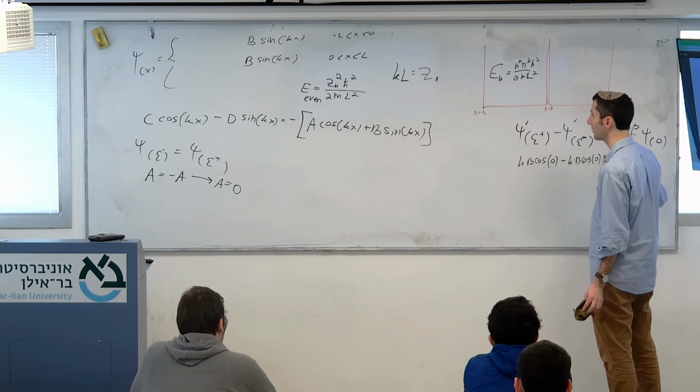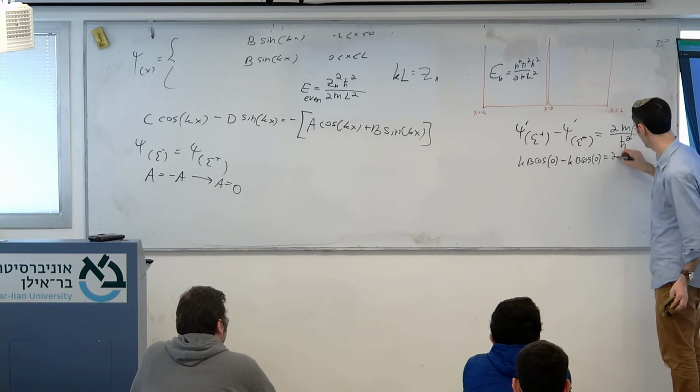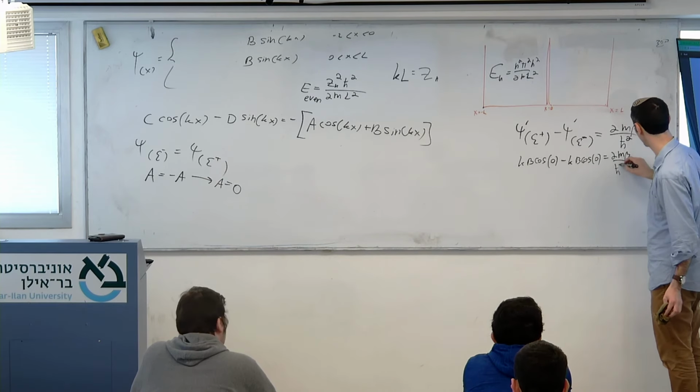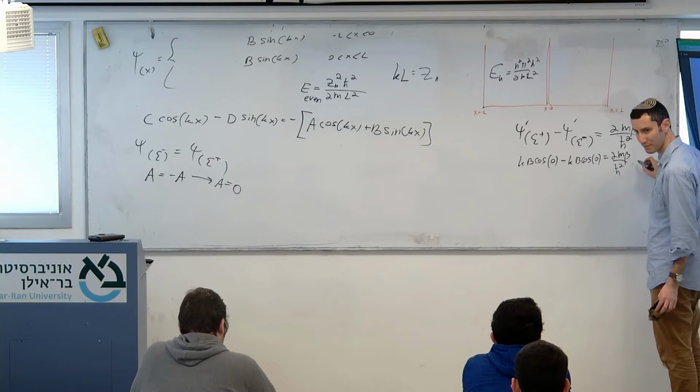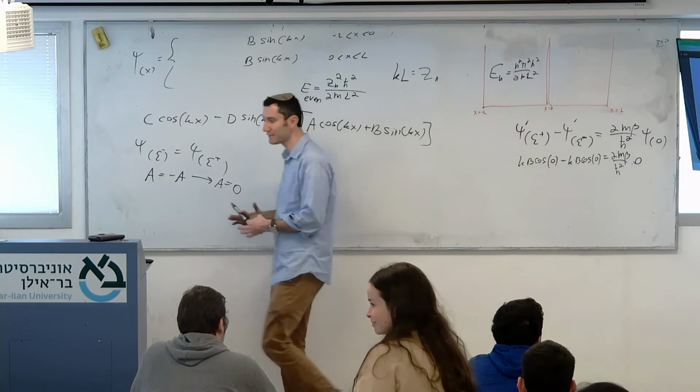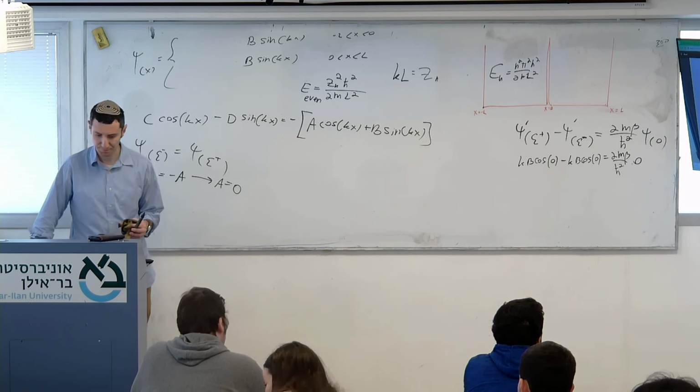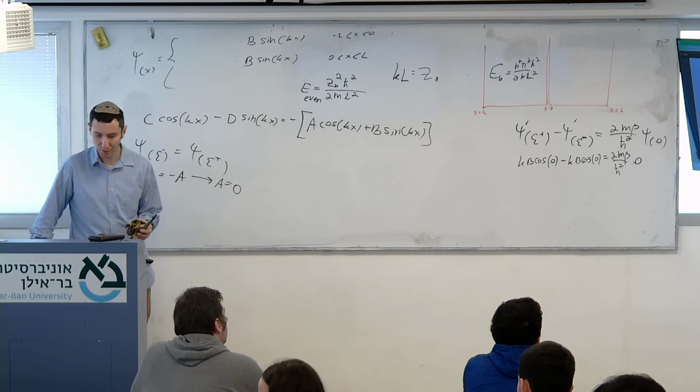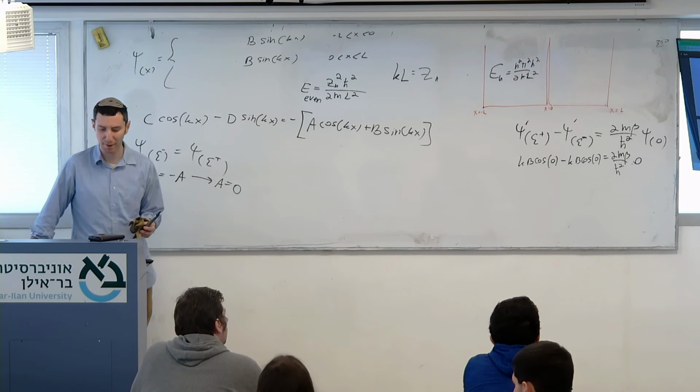Cosine 0 is equal to 2m beta over h bar squared times 0. So I'm also good with that. All I'm left with is the boundary condition at the end.